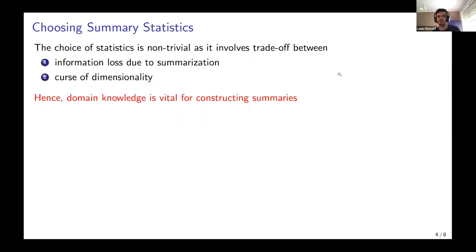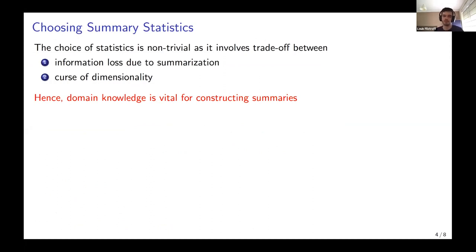Choosing these summary statistics is critical, and it's also non-trivial because, first of all, in most models you cannot find sufficient statistics, and then you need to navigate a trade-off between information loss due to summarization and the curse of dimensionality.